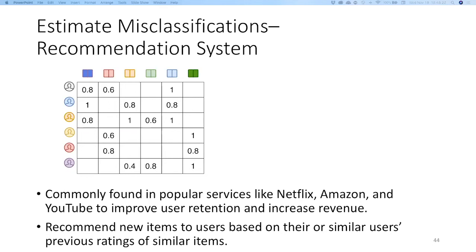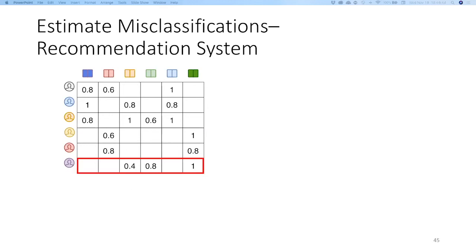Now, let's take a simple example of a recommendation system to understand how it works. Here, we have 6 users and 6 books. If a user has rated a book, they rate it on a scale of 0 to 1, where 0 indicates that they really dislike the book, and 1 indicates that they really like the book. For example, if we take the last user, we see that they really like green books because they have rated them pretty high.